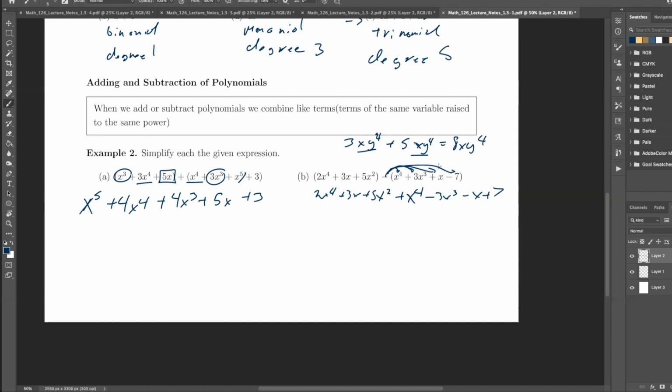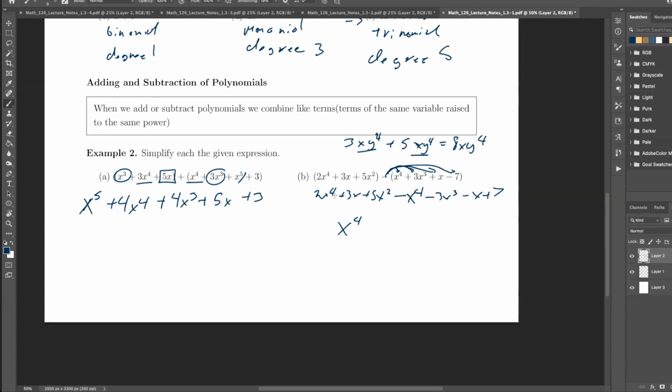Here our highest one is x to the fourth. So I have 2x to the fourth minus, if we're bringing the negative sign here, this is minus x to the fourth, right? Be very careful. So 2x to the fourth minus x to the fourth just gives me x to the fourth.